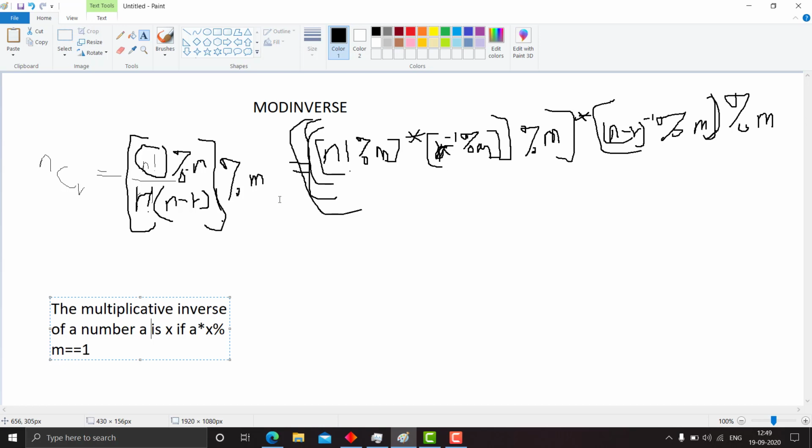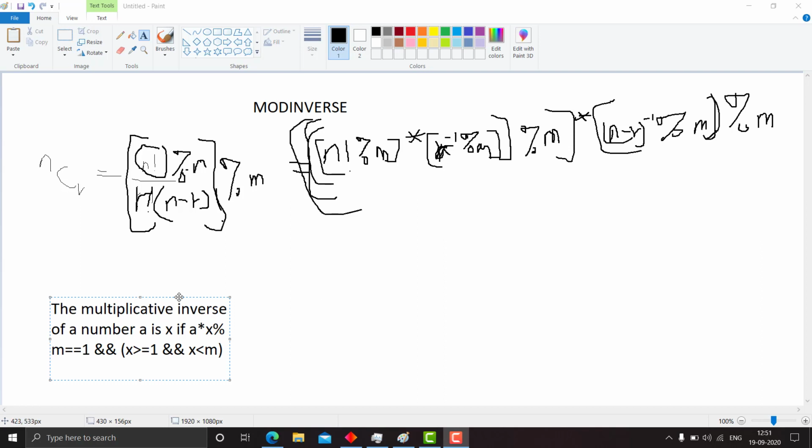The easiest and most naive way is to check all numbers from 1 to m minus 1, since x should be greater than or equal to 1 and less than m. Whichever number mod m is equal to 1 after multiplying with a, we just print it.